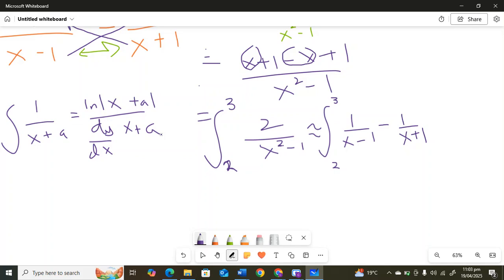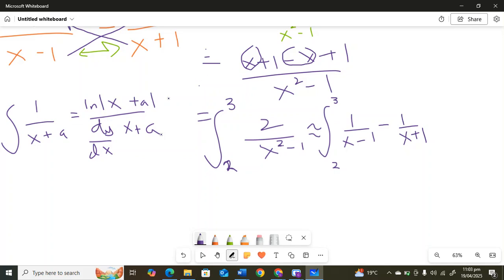Do you remember this formula? No, sir. Question 11 was 2 months ago. We've forgotten it. Okay, colleagues.